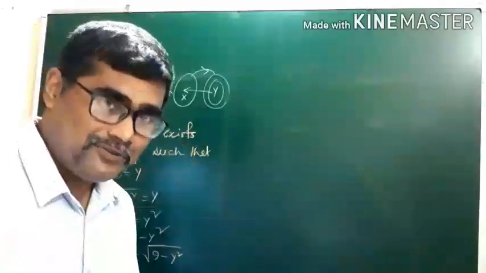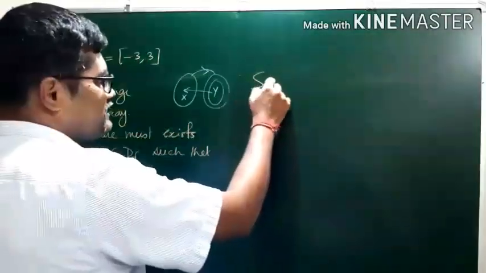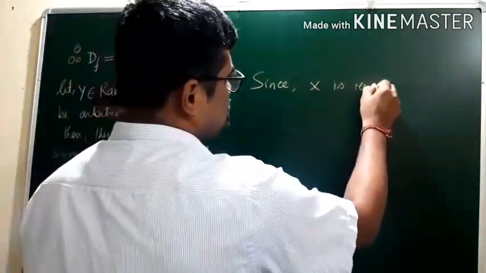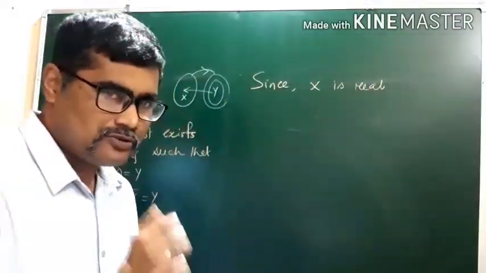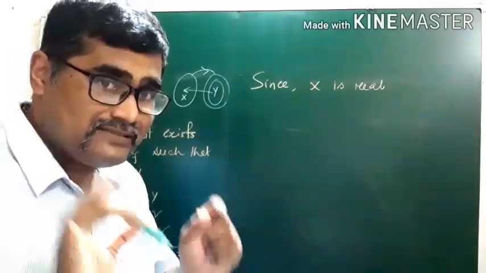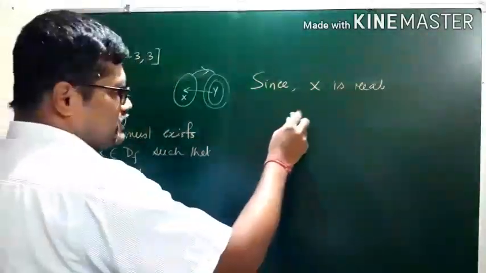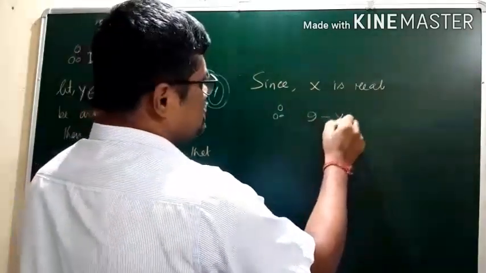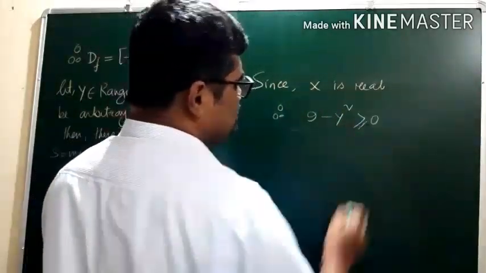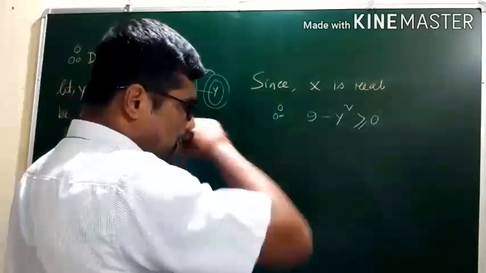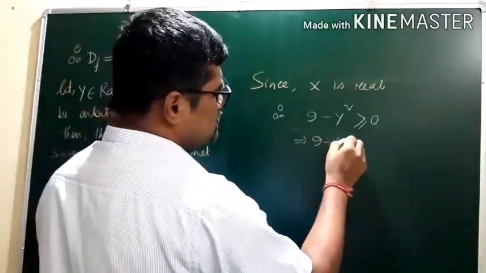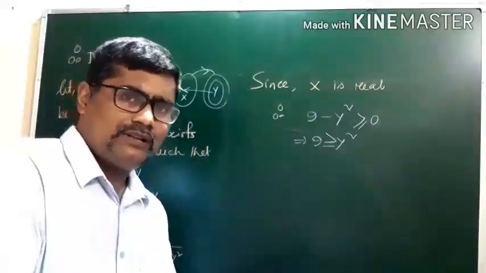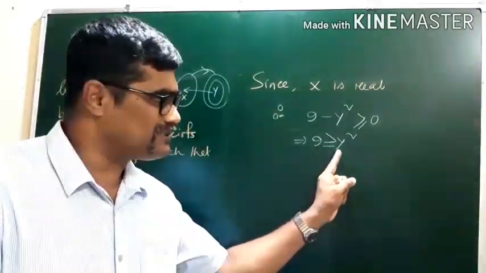So that is what now you have to write, right? So what I can write: since x is real, presently we will not talk about the range, not needed right at this moment. x is real, therefore 9 minus y square must be greater than or equal to 0. So now you see, you are arriving exactly at the same equation what you got for domain, right? It was x that time.